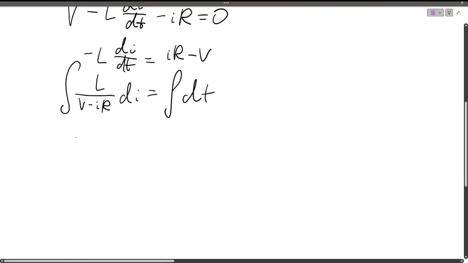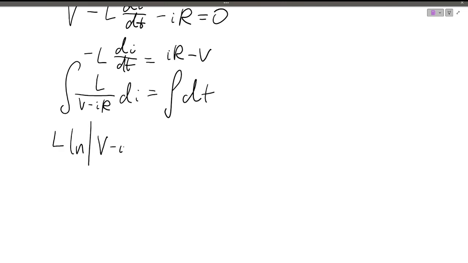And then we will get L in front, V minus IR, so I suppose there's also a negative up front, negative 1 over R, there we are, and then that is from 0 to I, this being just t.